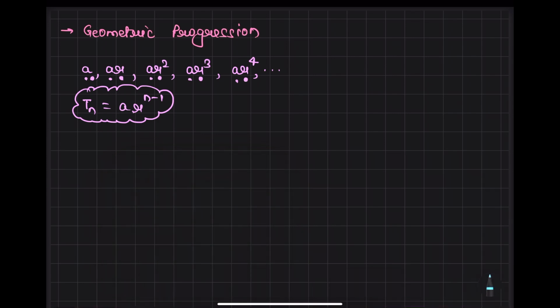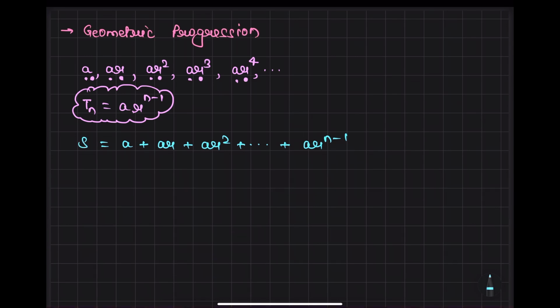Now it's time to crack the sum of the series. Suppose it is s equals a plus ar plus ar square plus dot dot dot, and at the end ar to the power n minus 1, and we are interested in finding the sum of this.